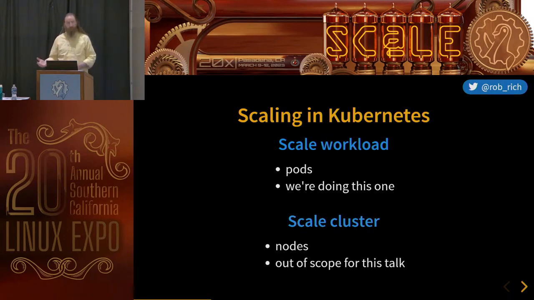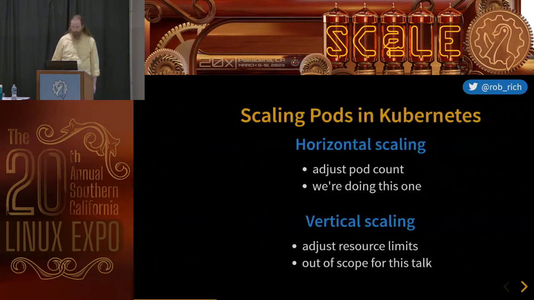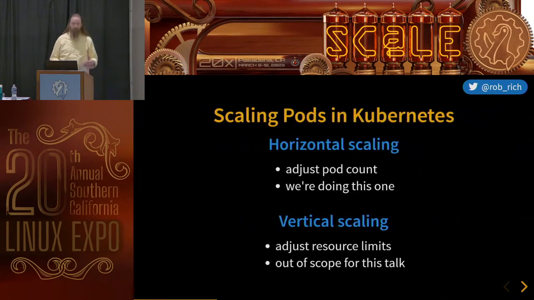We're going to instead focus on scaling the number of pods. If we need more capacity for this website, we need more pods. If we need less capacity for the website, we need fewer pods. Now, we could definitely go horizontal or vertical here. We could get bigger pods by setting the resource limits, and at that point we have the same number of pods, we just have bigger ones. That's vertical scaling, and we could definitely pursue that. Grab the slides from robrich.org and click through here to learn about it.